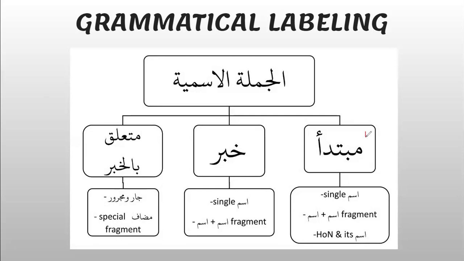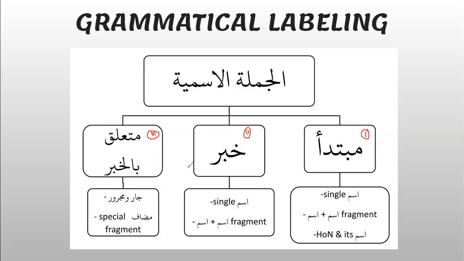First is mubtada, then khabar, and then muta'alliq bil khabar. You can repeat with me: mubtada, khabar, and muta'alliq bil khabar. These are the parts of jumla ismiya, so we have to know what is mubtada, what is khabar, and what is muta'alliq bil khabar.